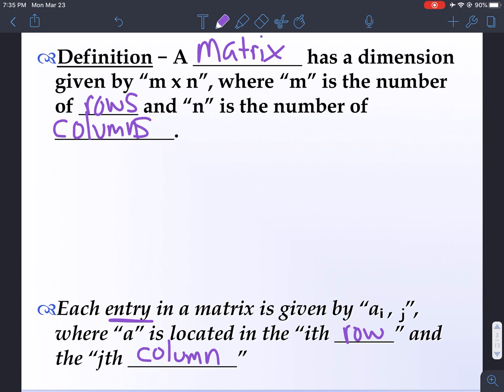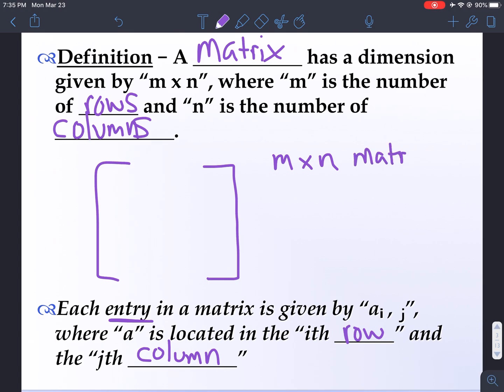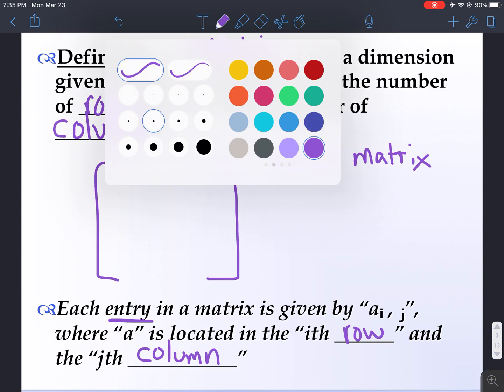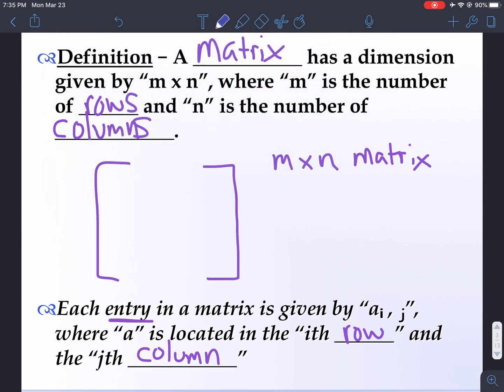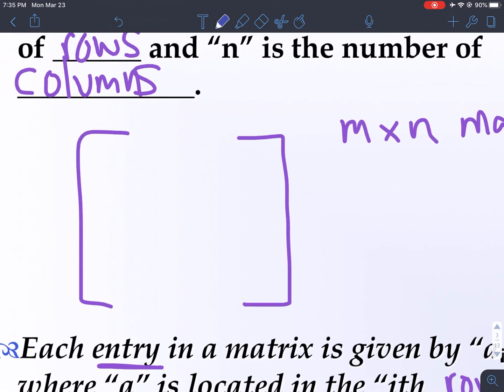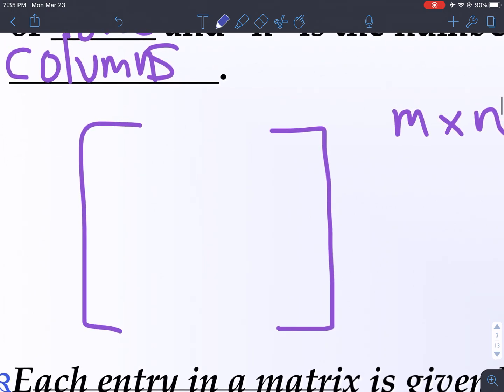All right, so here comes a general matrix that has m by n dimensions. So this is an m by n matrix where the very first entry in the top left-hand corner is going to be a, 1, 1.